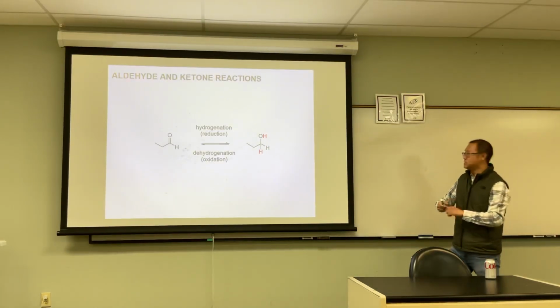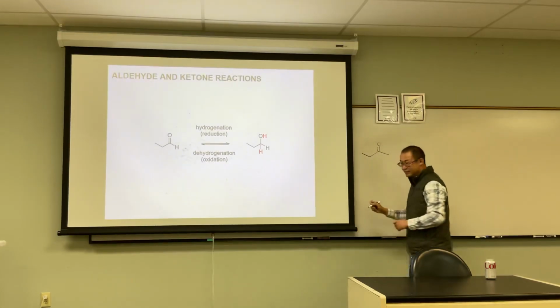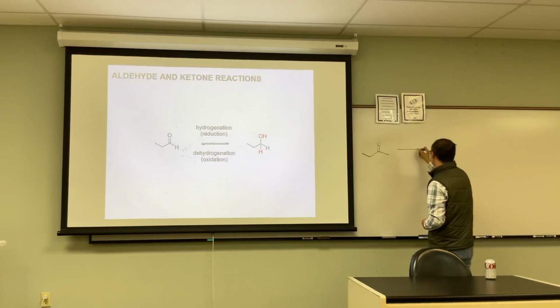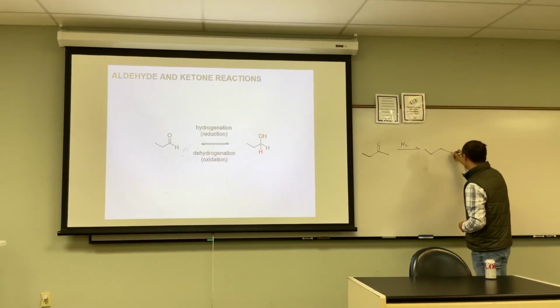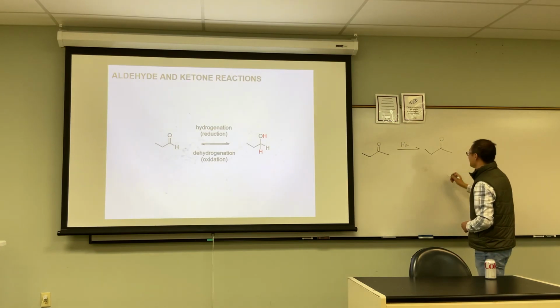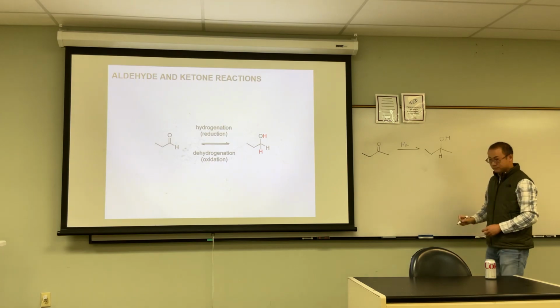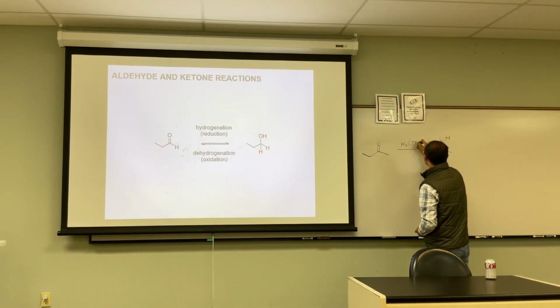Okay, the same process. Let's draw a secondary alcohol. Okay, this is a ketone, right? If I add hydrogen, what do I do? Change this double bond to a single bond, then add hydrogen here and add hydrogen here. We call this process reduction.